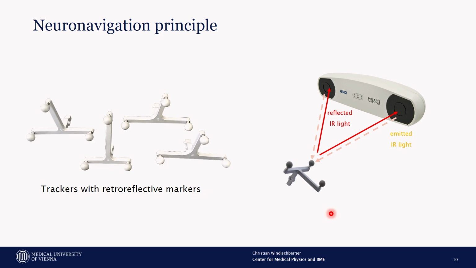Because the cameras, like your eyes, have a spatial distance, they see the reflected spheres at a slightly different angle, so the system can calculate the position of the tracker in space. This is a very robust technique. It works really nicely. A standard camera like this allows you to track a number of trackers simultaneously. So this is really working really nicely.